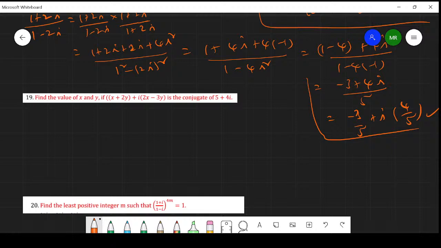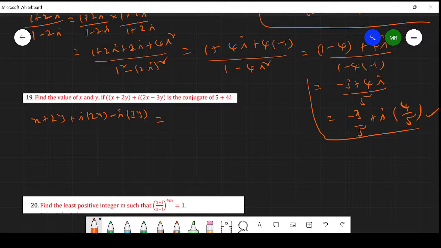I will expand this one: x plus 2y plus i into 2x minus i into 3y equal to the conjugate of 5 plus 4i.